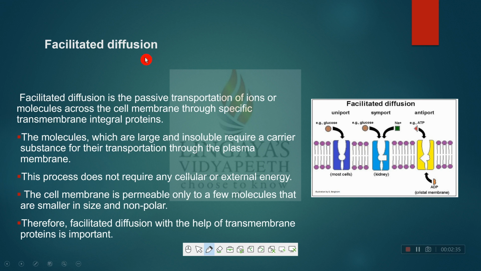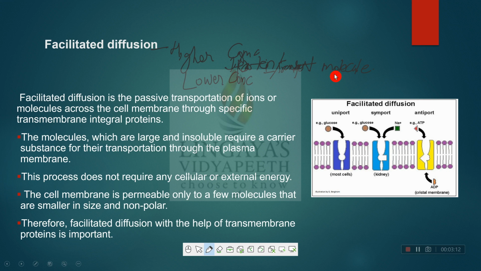First of all, let's look at the definition: it is the movement of substances from higher concentration to lower concentration with the help of a protein. So a protein, or transport molecule, will help to move the substances from higher concentration to lower concentration.